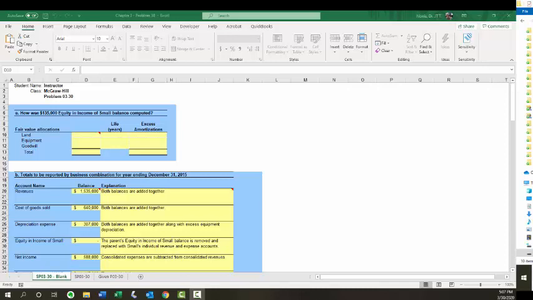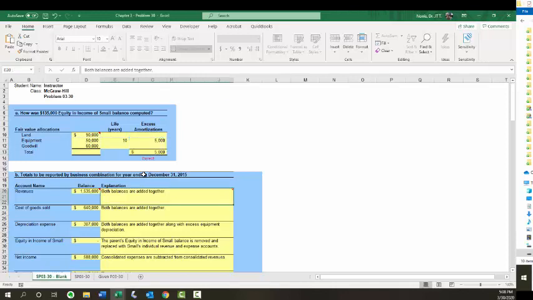So we don't have to compute anything. It tells us that we have 90,000 in land, which has an unlimited life, 50,000 in equipment with a 10-year life, so excess amortization of 5,000 per year, and the remaining 60,000 is goodwill, which also has an indefinite life.